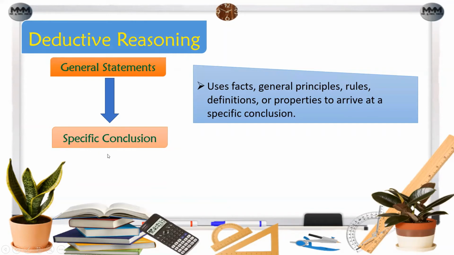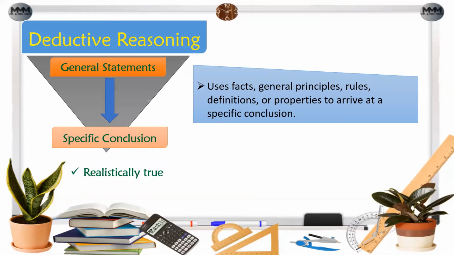So what do you think is the strength of our conclusion? Is it still weak, just like inductive reasoning, or is it now strong? Of course, because you are basing it from general statements, our specific conclusion is realistically true. That is, the strength of the conclusion here is strong.